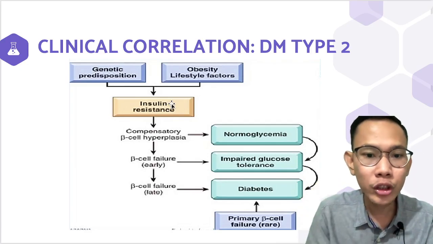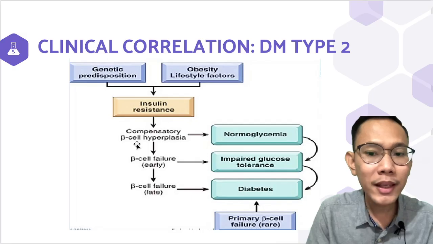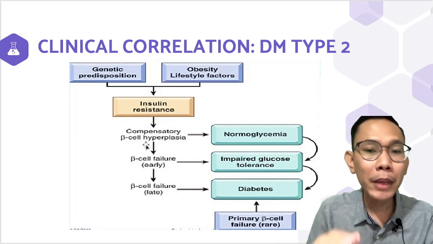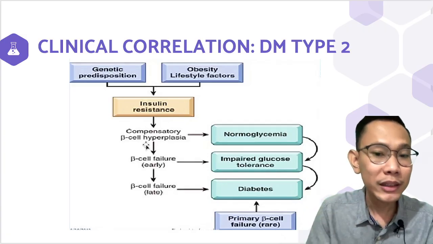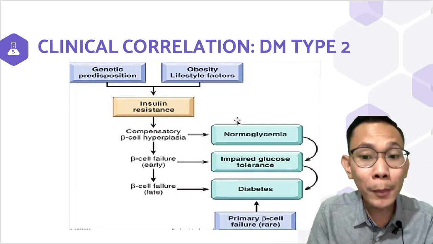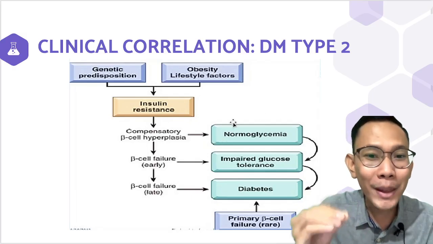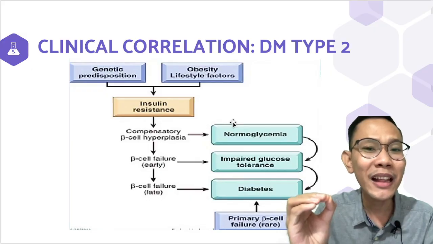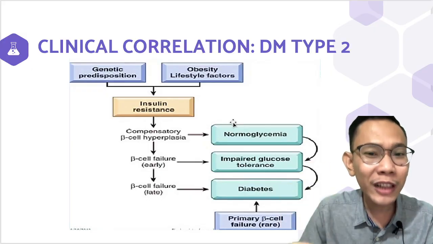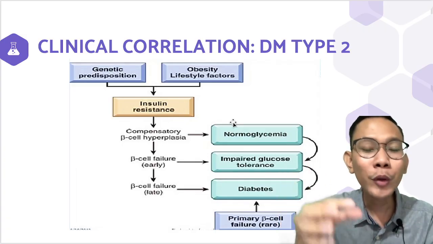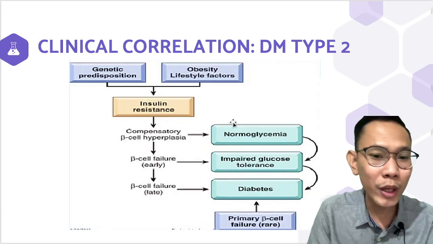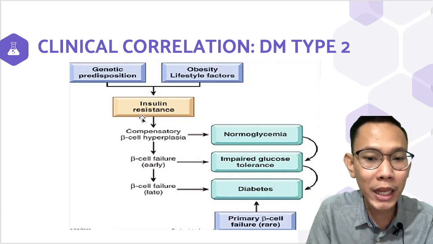Compensatory beta cell hyperplasia, meaning we will increase the output of your insulin. Still, it will lead to normoglycemia. Kasi nga, nagko-compensate siya. Kahit may insulin resistance ka na, it will generate more insulin para mas makatulong pa, para mas marami pang glucose na papasok sa ating cell. So that's why your compensatory beta cell hyperplasia.